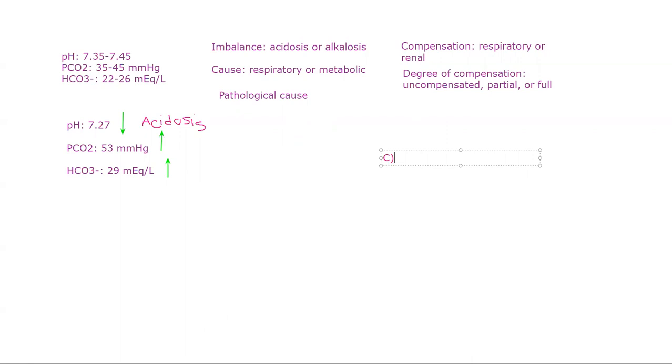So CO2 plus H2O is going to give us H2CO3, and again, it's a reversible reaction, so we'll make that reversible there, and then we'll put H plus and HCO3 minus.